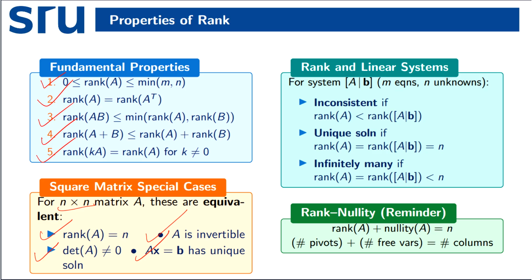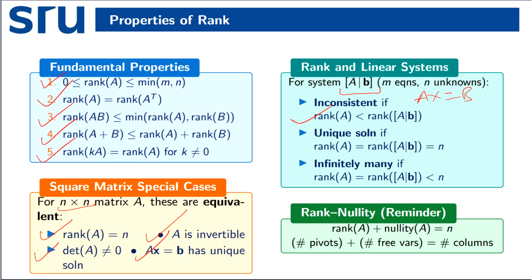Also, we are having these properties for any given system, with augmented matrix A augmented B, or the Ax equal to B system. Let me write the system here, Ax equal to B. Okay. For this system, if rank of A is less than rank of A augmented B, then it will be inconsistent. That is, no solution will be there.